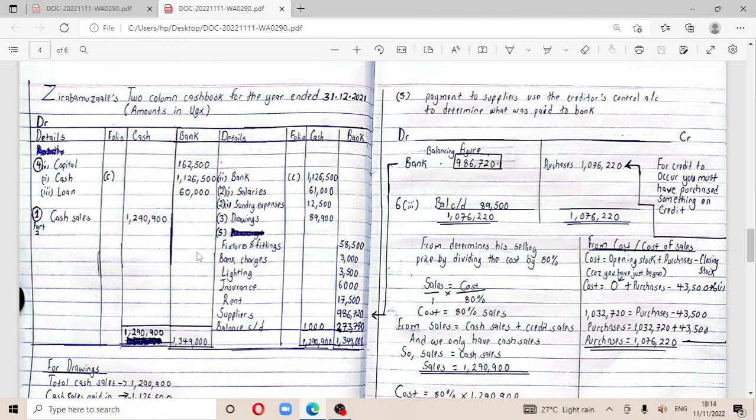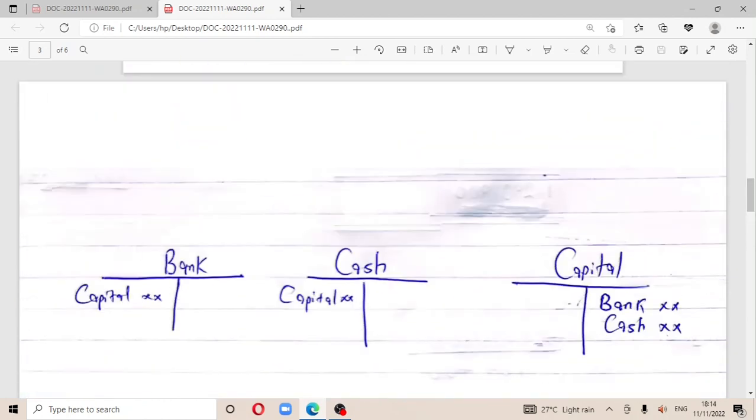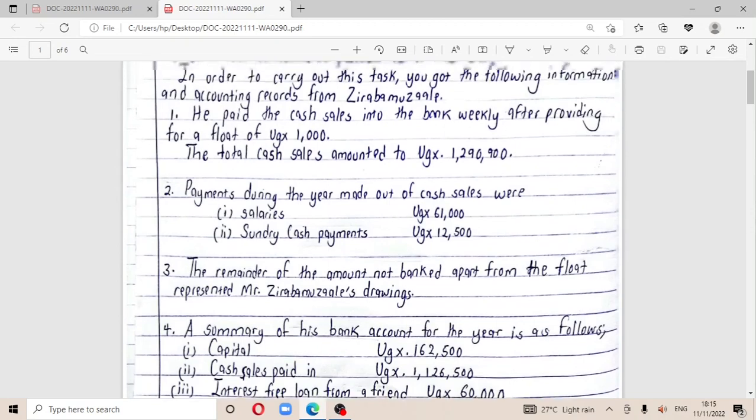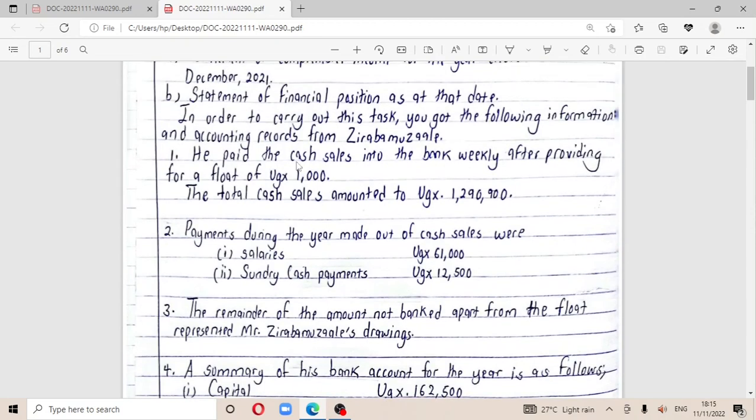Then I also go back to point number 1, which talks about how he paid cash sales into the bank quickly after providing for a float of 1,000, and they're saying the total cash sales amounted to 1,290,900.